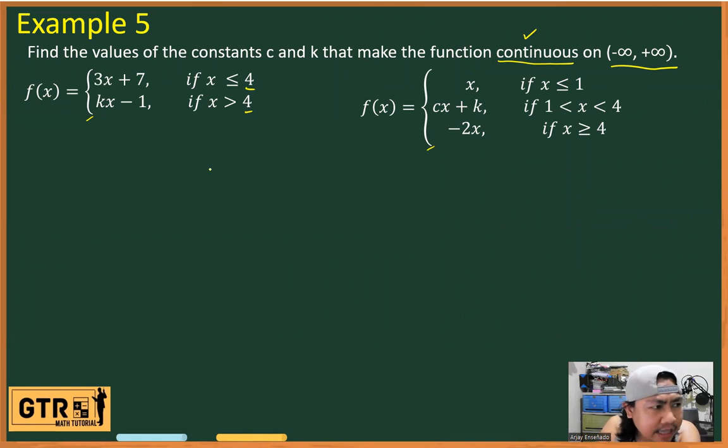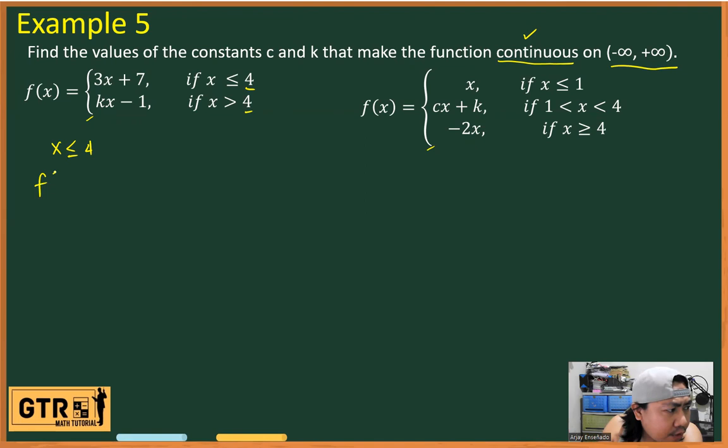Okay, so therefore we just substitute 4 in each subfunction and their values should be equal. At this interval, x is less than or equal to 4, substitute 4 into 3x plus 7.